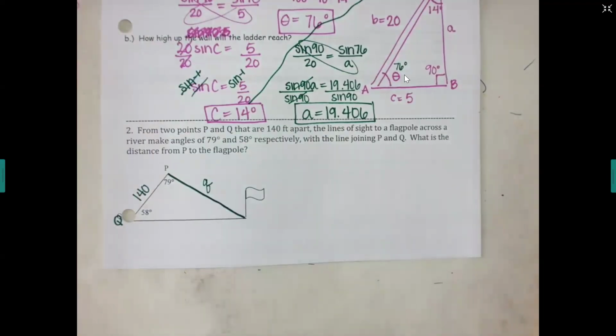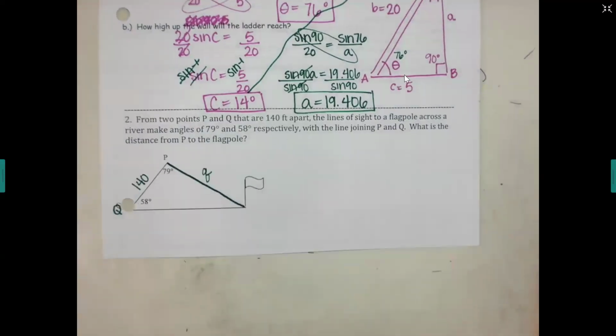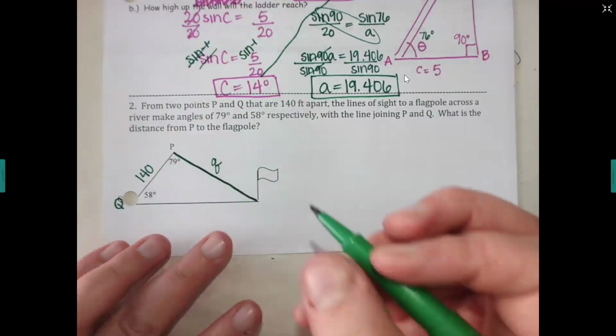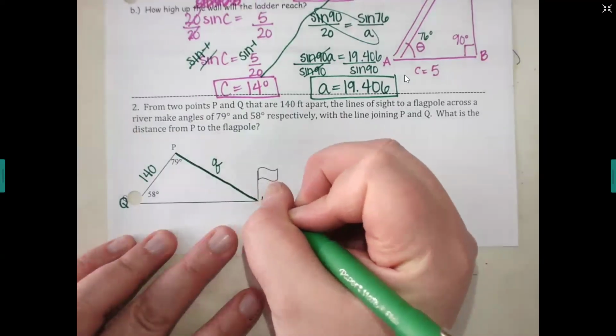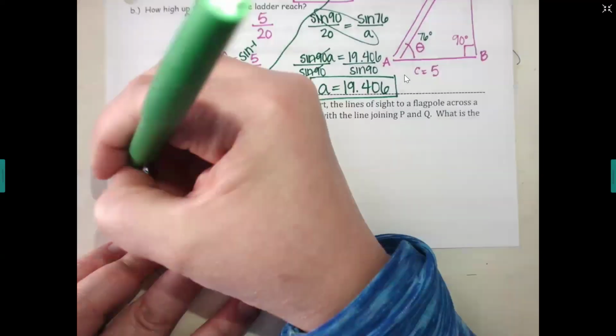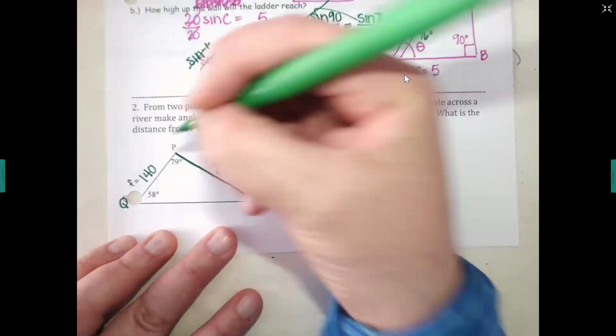Okay, then looking at your triangle for law of sines, I have to know partners, capital and lowercase of the same letter. So in this case right now, do I have that? Let's call this F for flag. So if this is capital F, that means my 140 is little f.